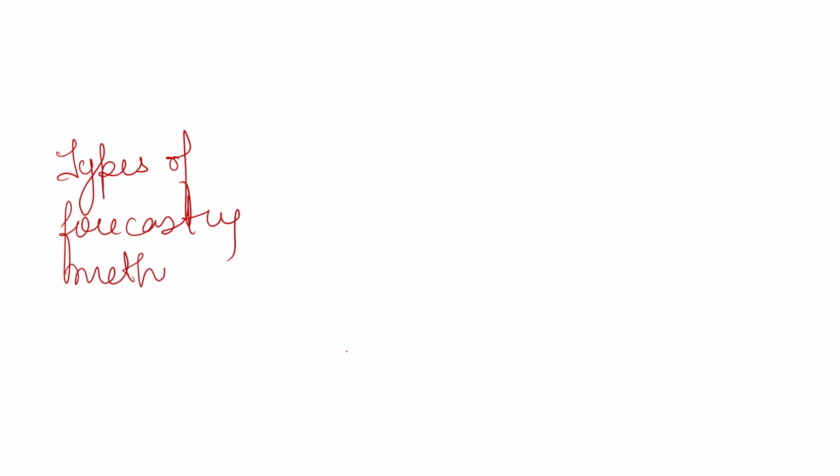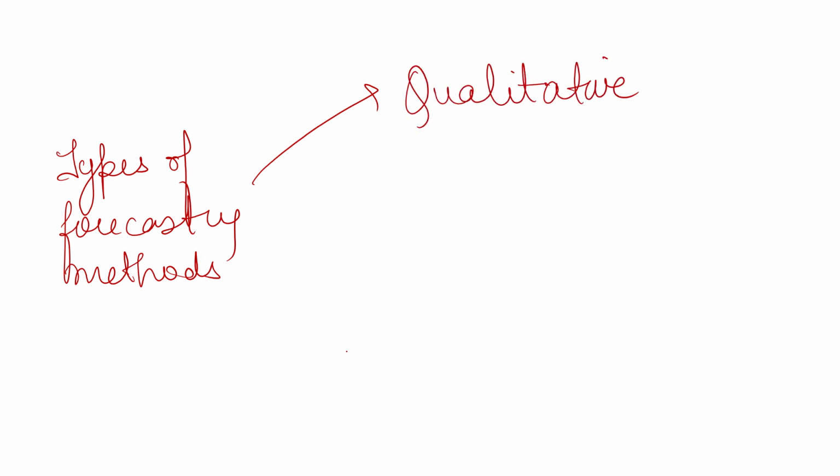Now let's see types of forecasting methods. So basically there are two methods. First is qualitative, and second is your quantitative.